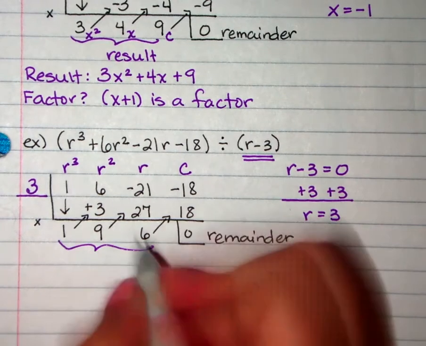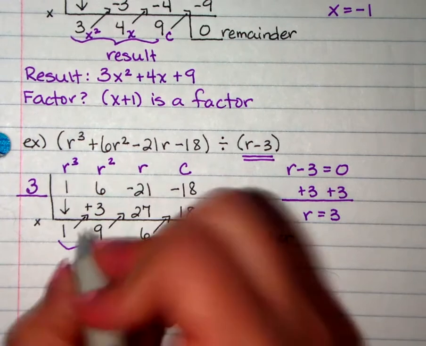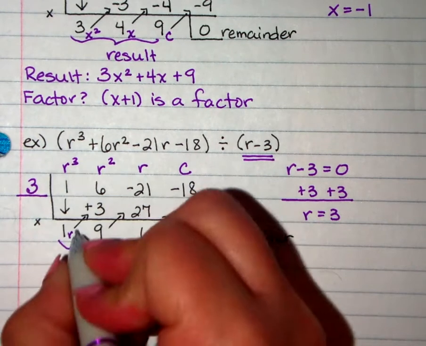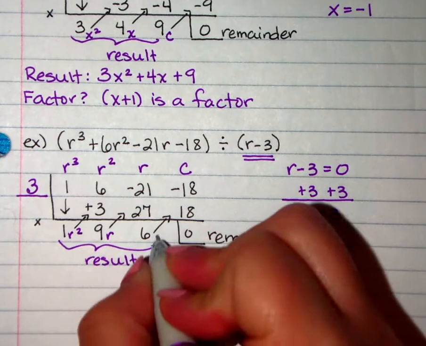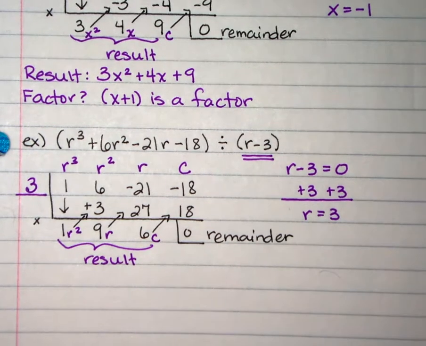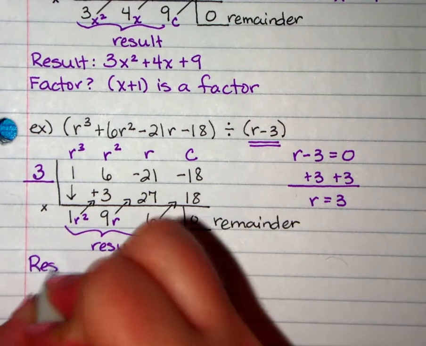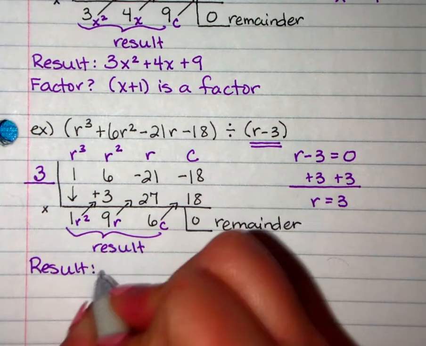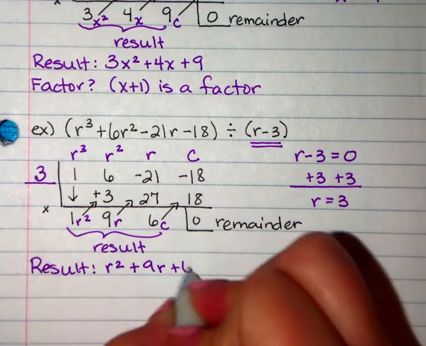So my result after division is r squared plus 9r plus 6. And if I want to know if this is a factor, because there was no remainder, that means my divisor, r minus 3, is a factor.